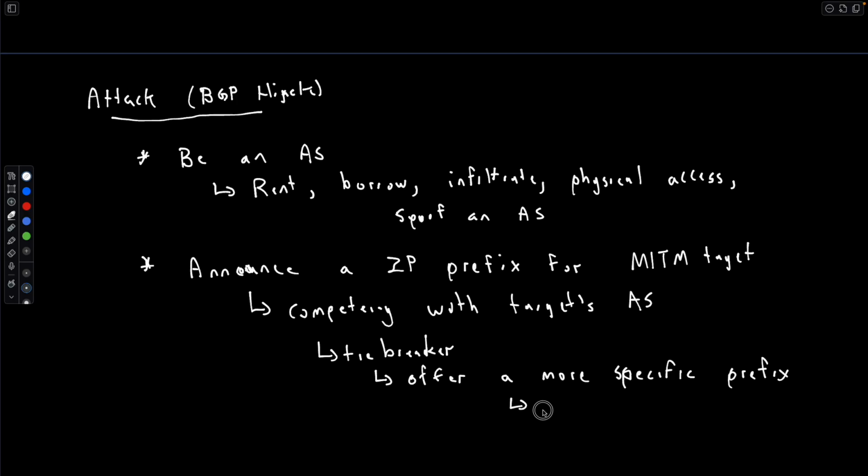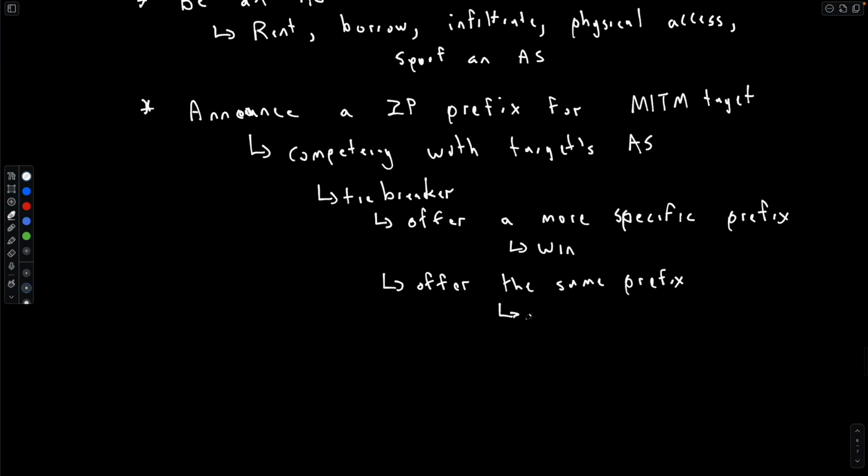Okay, and then I sort of win. If I offer a less specific prefix, I lose by the same rule. And if I offer the same prefix, I probably am going to lose. So just based on priority rules. And we don't have to understand what all these rules are.